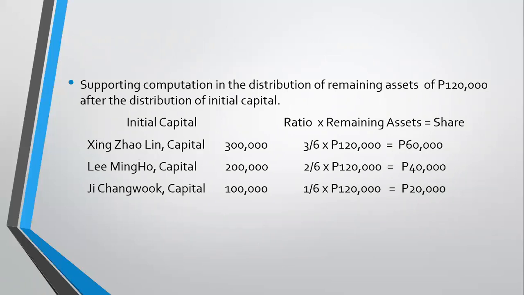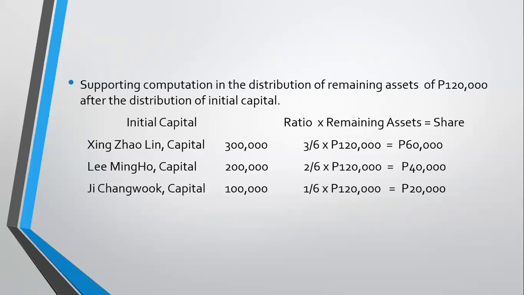So, this is the supporting computation in the distribution of remaining assets of 120,000 after the distribution of initial capital. As you can see, the initial capital is presented para doon sa tatlo, si Sing Shaolin, Li Minho, Ji Changwo. How do we get the ratio? If we have a total capital of 600,000, to get the ratio, for Sing Shaolin, 300/600 times 120.